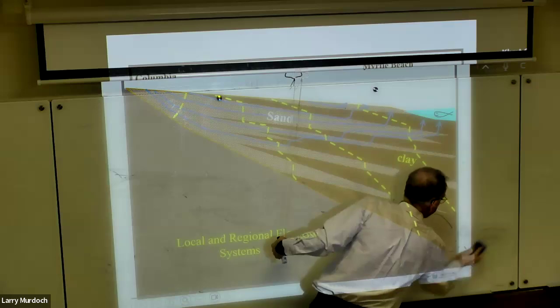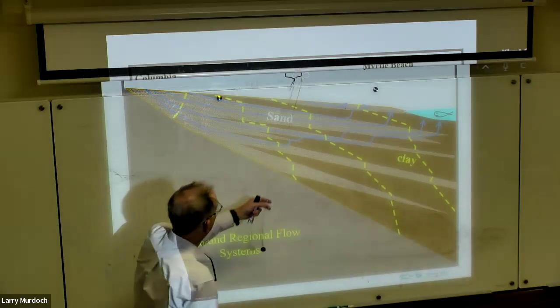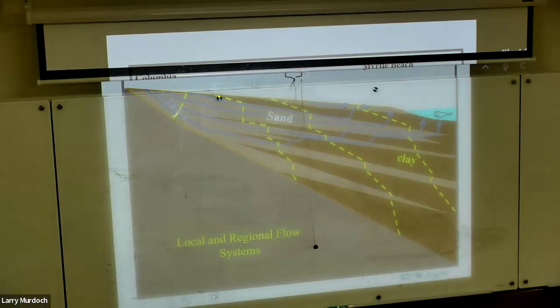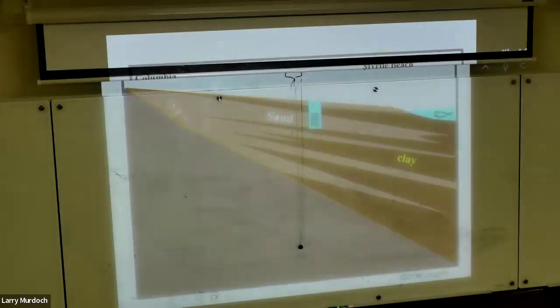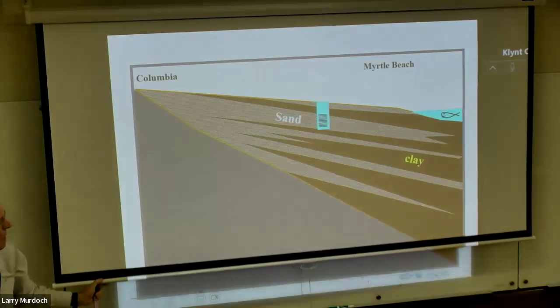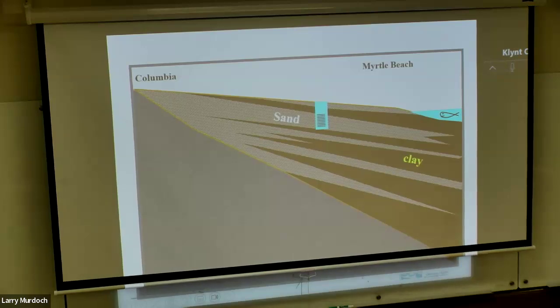Okay, so another thing that happens as a result of this layering and as a result of this distribution in hydraulic head is this. So here's a well, and this well there's the flow system.